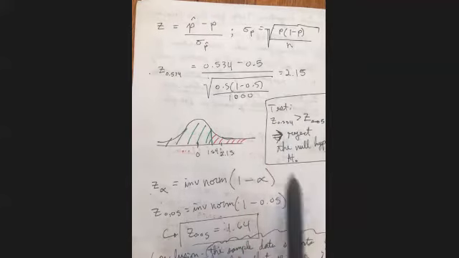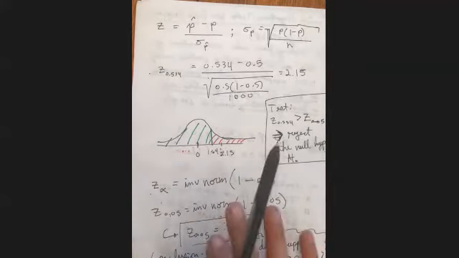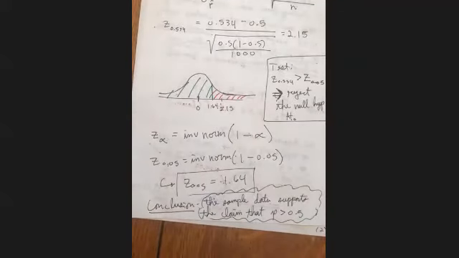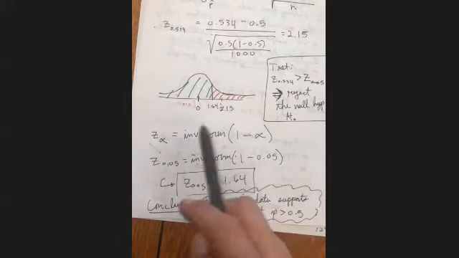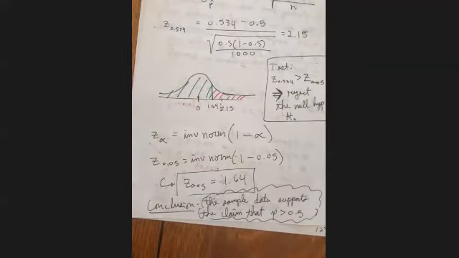Once we have that value, we compare it to the z alpha value, which is determined by the alpha value that's set by the researchers, which is generally 0.05, but it could be something different. So we compute the z alpha value and then compare it to the z value for 0.534 for our sample proportion.